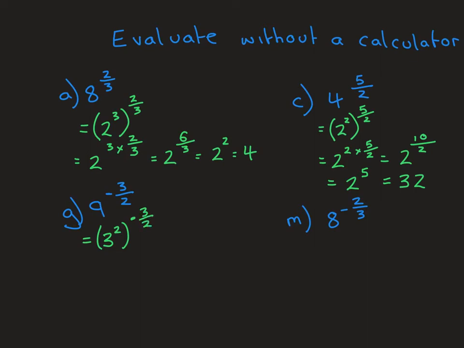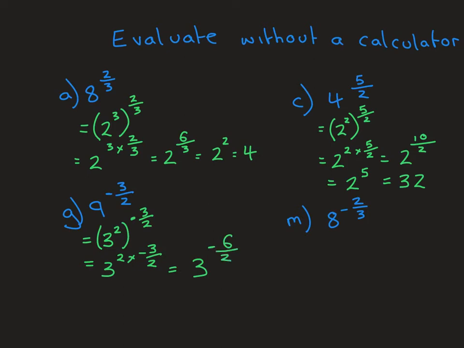So same thing here, what we're going to do first is expand our brackets. So that is going to equal 3 to the power of 2 times negative 3 on 2, which equals 3 to the power of negative 6 on 2.